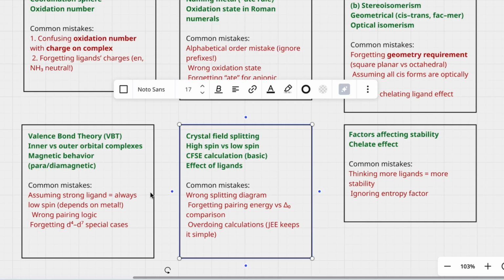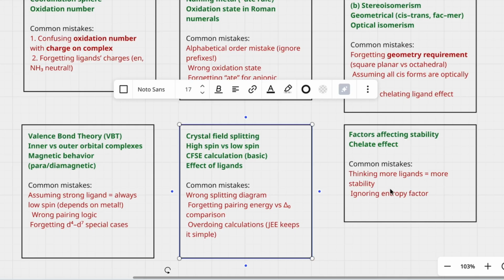So VBT and crystal field splitting theory are really important. You will for sure get the question. And then there are questions to find the stability of a compound. They might give you a set of compounds and ask you to arrange them in increasing or decreasing order of their stability. So you should know the chelate effect.